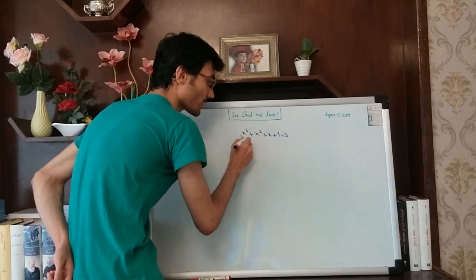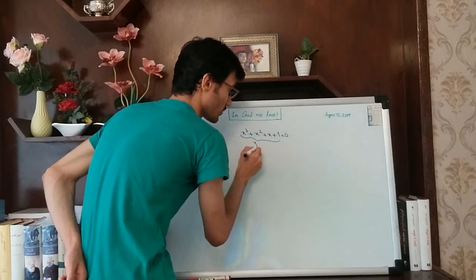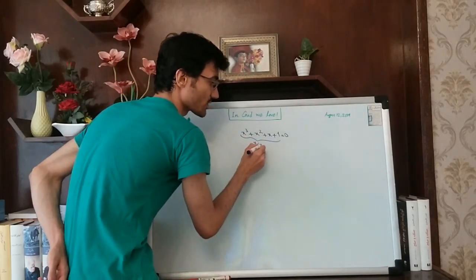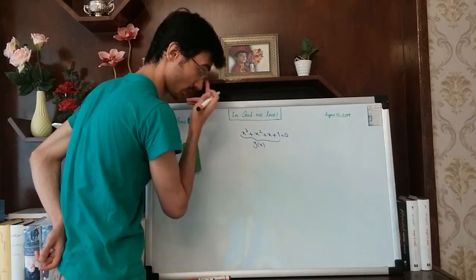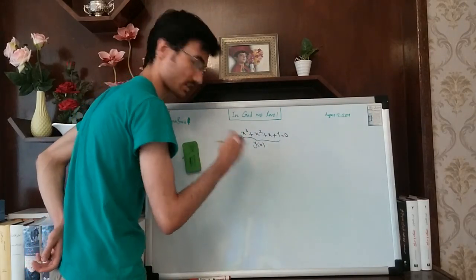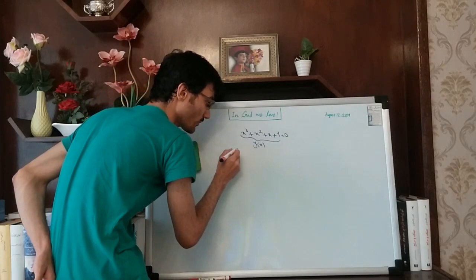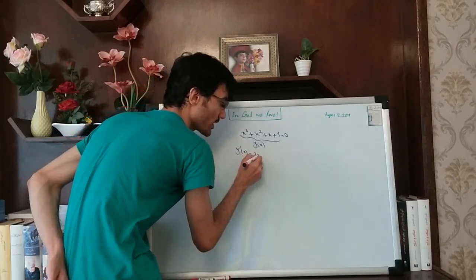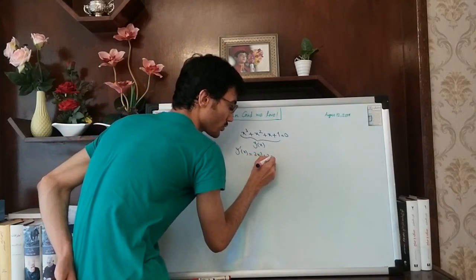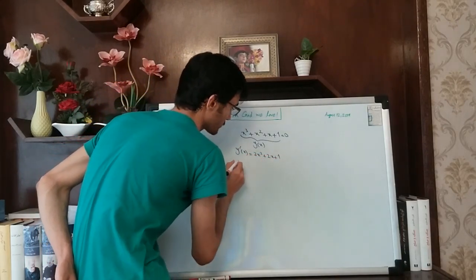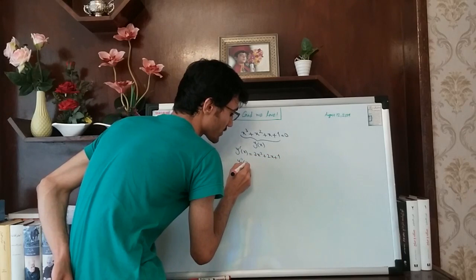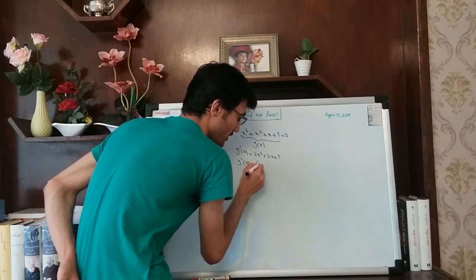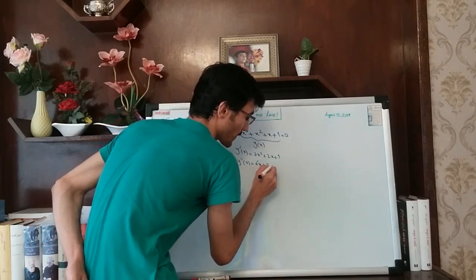So we should call the left side y of x, and then we should find xt. y prime of x equals 3x squared plus 2x plus 1, and y double prime of x equals 6x plus 2.